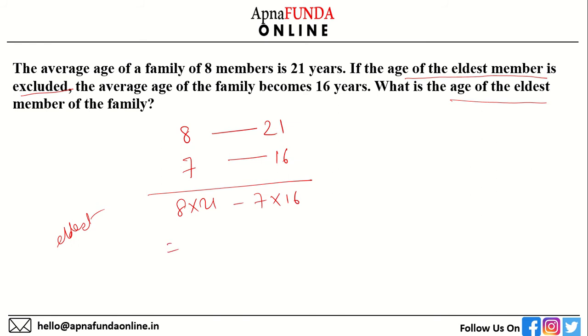Correct? Let's solve this. This is 168 minus 112. This will be equal to 56. So the age of the eldest member of the family whose weight was excluded is 56 years. This is my answer. I hope you have solved along and this is the answer that you have got.